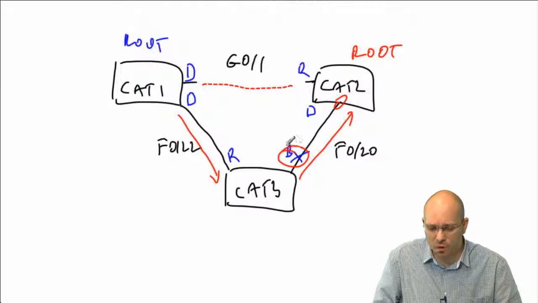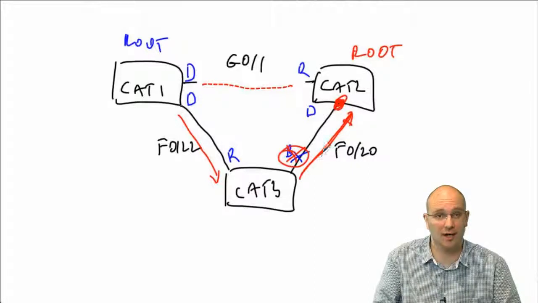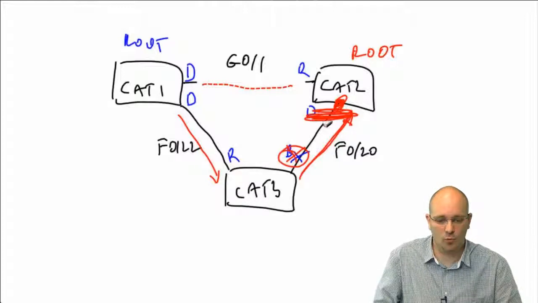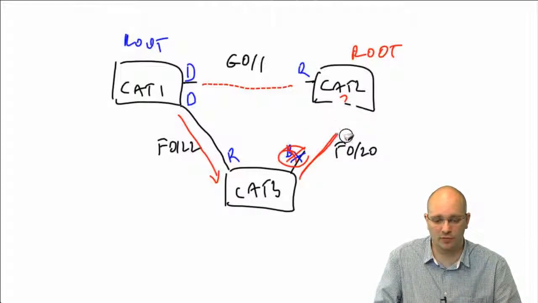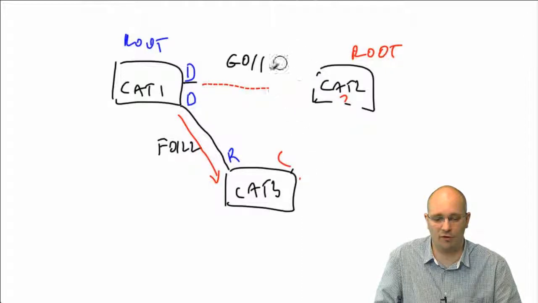Now, when this port moves out of the blocking state, these superior BPDUs are going to be received on the port that has RootGuard enabled. When this happens, this port here is going to be moved into an inconsistent state. Effectively, what cat2 did with this configuration is to completely cut itself off from both cat1 and cat3.